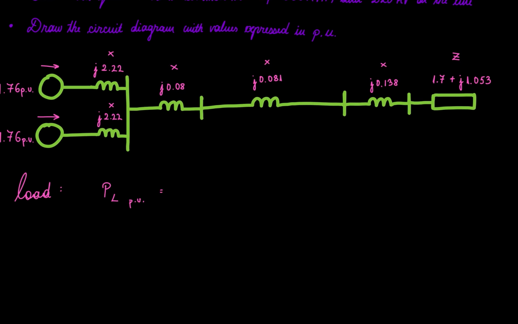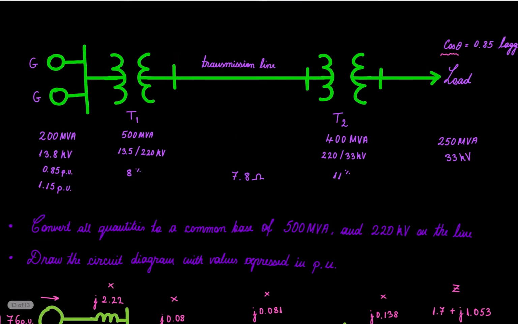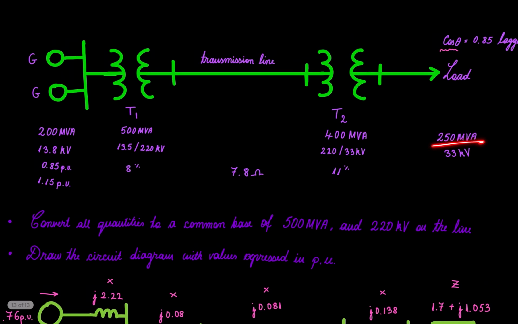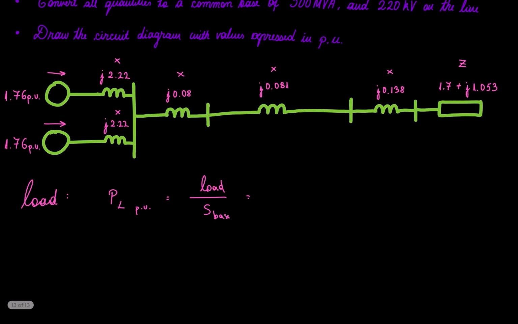So that's going to be what we have for the load and what we have for the base. For the load, we have 250 MVA, and for the base, 500 MVA. So it's going to be 250 over 500, 0.5 per unit.